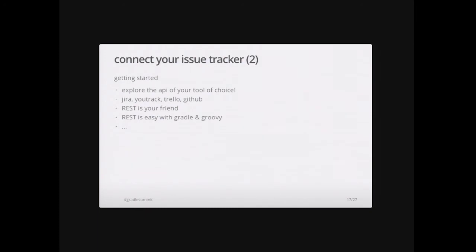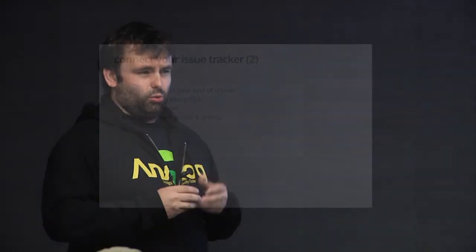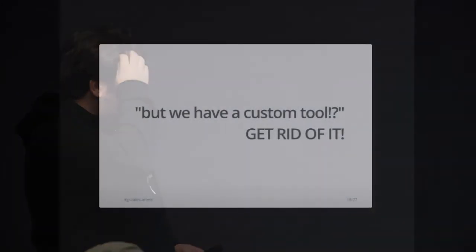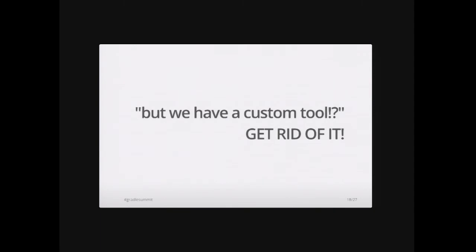Usually all of them offer REST, so a REST interface to deal with it. And the nice thing about REST is that it's really easy to do in Groovy, and therefore it's really easy to do in Gradle. Sometimes I hear people saying, well, we have a custom tool. Maybe that's now your chance to get rid of it.